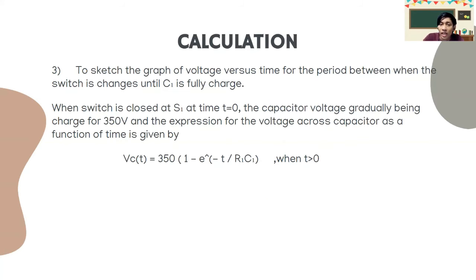Okay, later on, to sketch the graph of voltage versus time for the period between when the switch is changed until C1 is fully charged. When switch S1 is closed at time t equal to 0, the capacitor voltage is gradually charged to 350 volt, and the expression for the voltage across the capacitor as a function of time is given by VC(t) equal to 350 times the bracket of 1 minus e to the power of negative t over R1 times C1, where t is greater than 0.